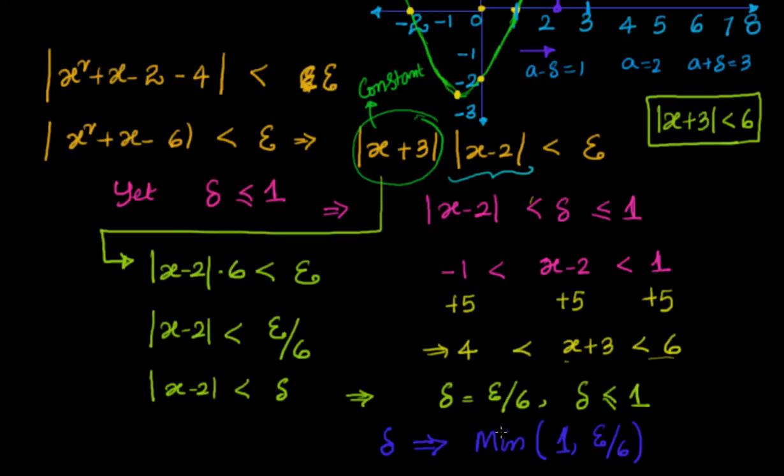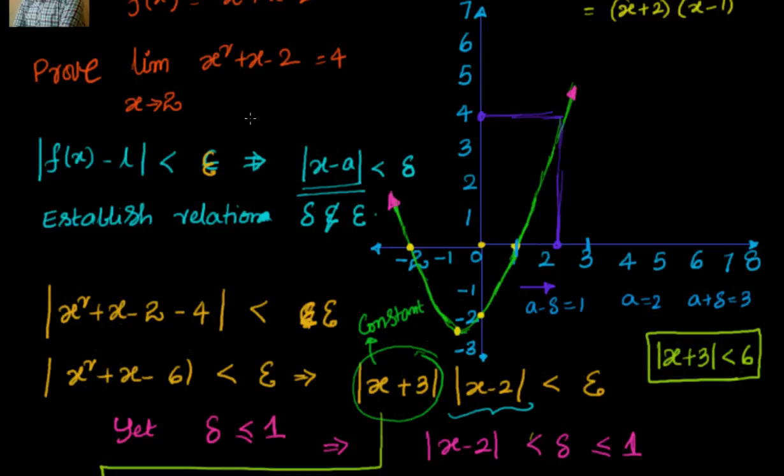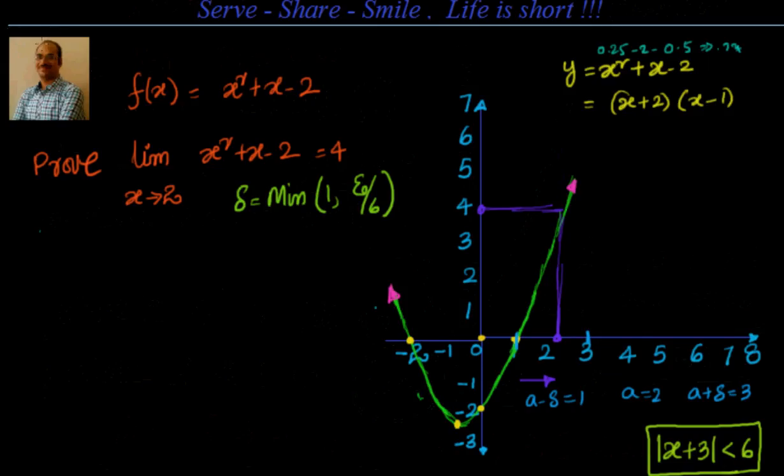Now let us take this condition and try to prove. This is the background work we have done, and we have established the relationship that delta equal to minimum of 1 comma epsilon by 6. Now let's go ahead with the proof and utilize this condition. Now let's start the proof.